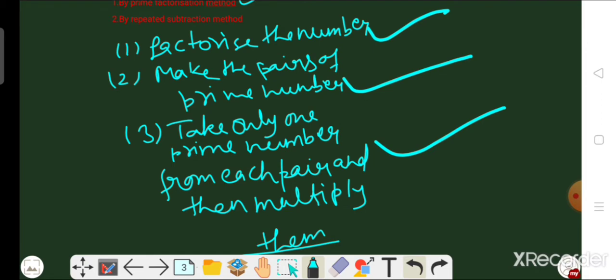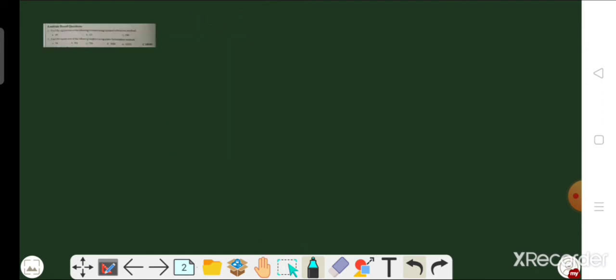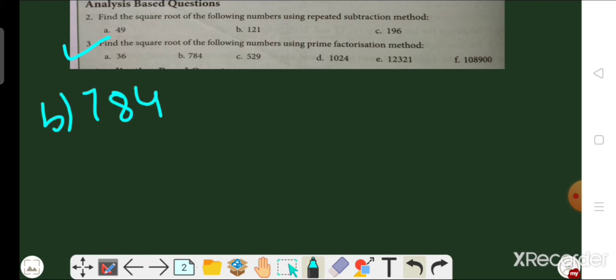Okay, for example beta, look at the question. Question number 3, find the square root of the following numbers using prime factorization method. For example we have 784 in the B part. Firstly we have to factorize this.